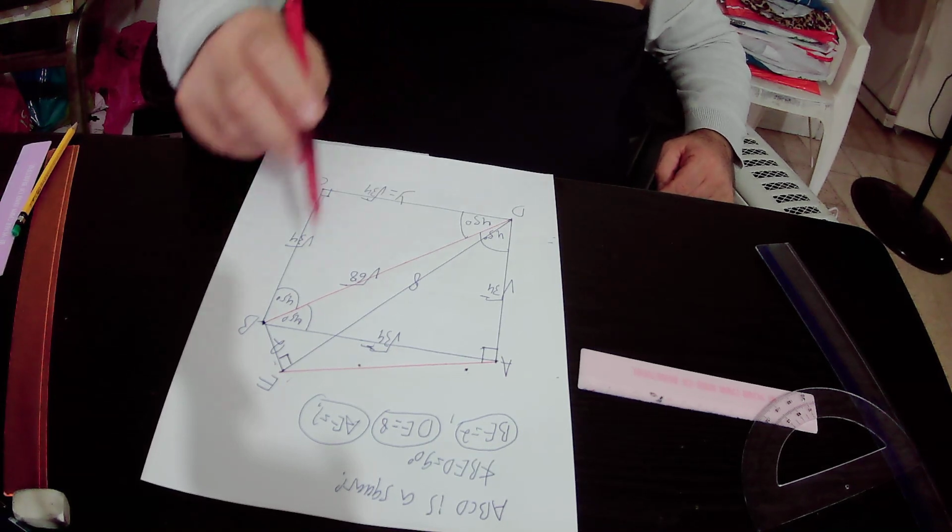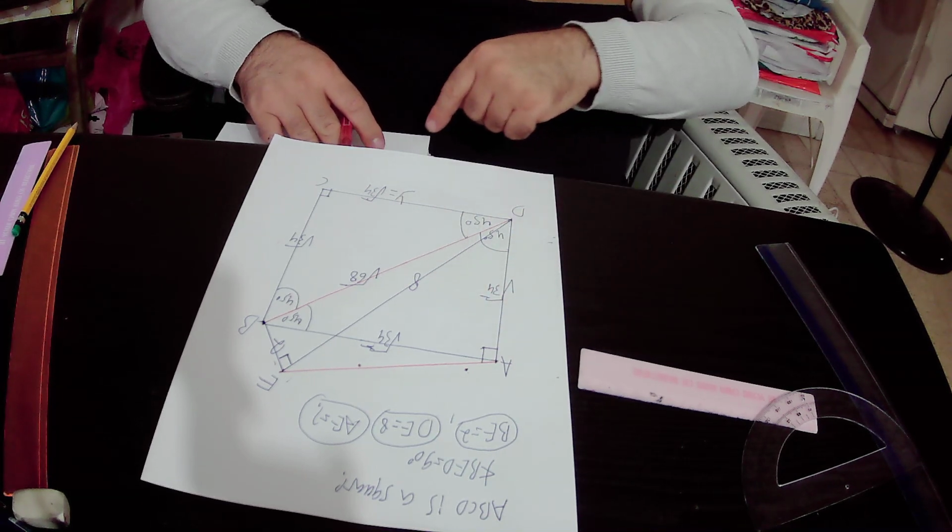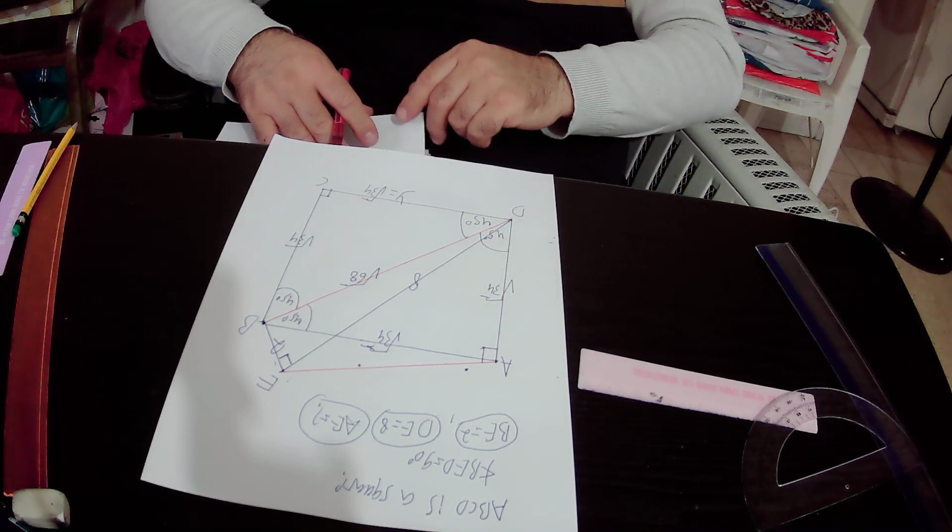We have angle BAD, this angle that equals 90 degrees.